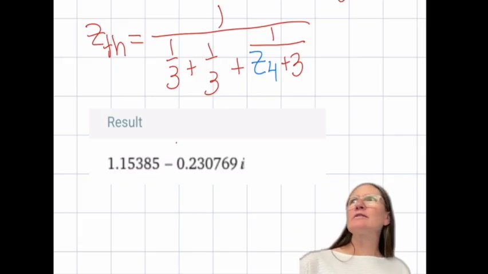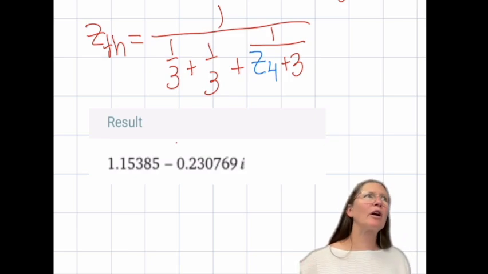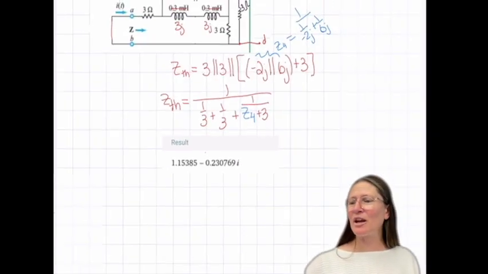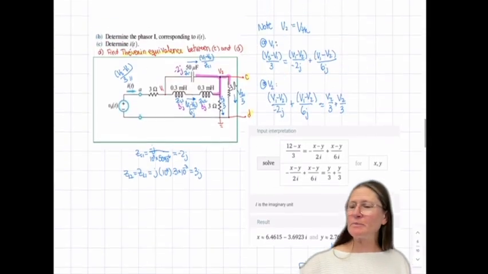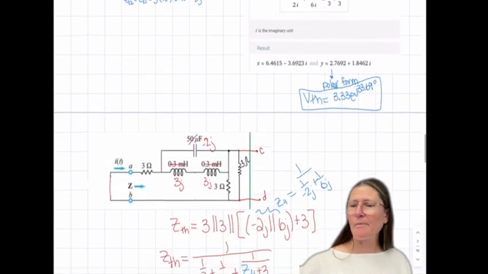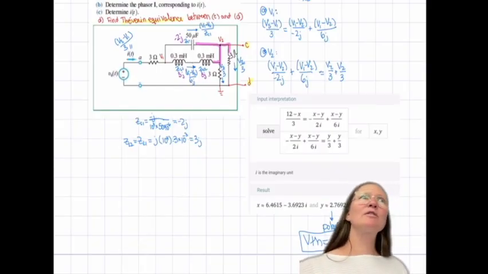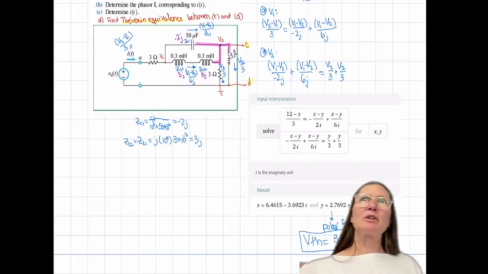Is that yes? Same? I'm seeing some yeses. Okay. All right, if you didn't get those, do review these solutions and make sure that you can get those answers. Any questions? If you didn't get the answer, any questions?